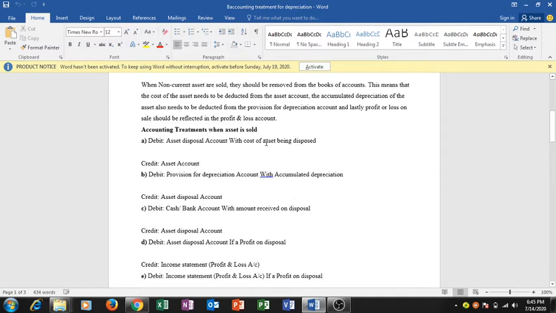It has been used for 3 years. In those 3 years, the total depreciation has been 3,000. Meaning that it had a cost of 10,000 and now it has lost 3,000. Then it simply means that it has a net book value of 7,000, which is 10,000 minus 3,000.